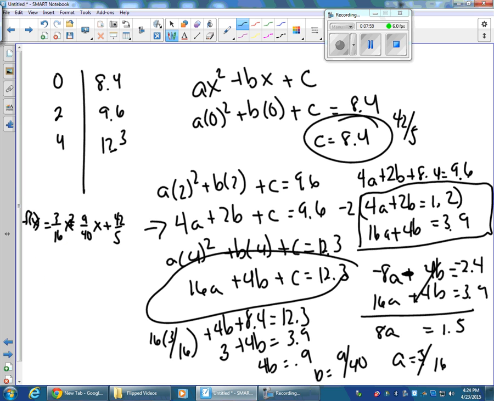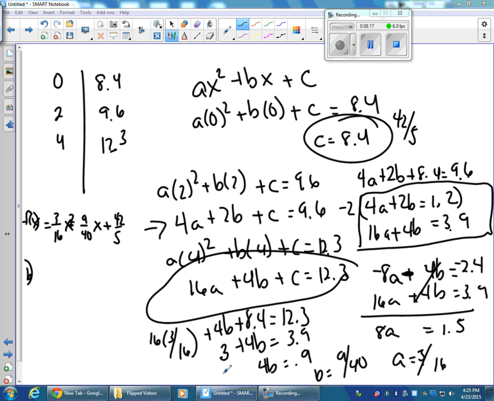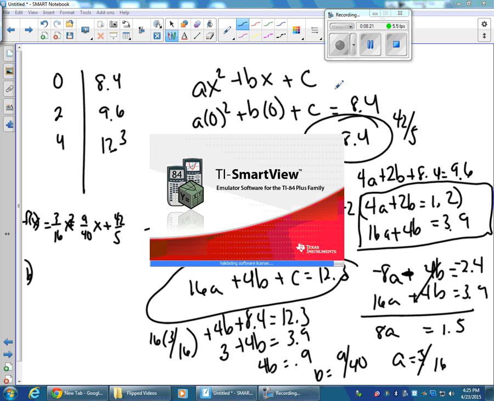In part B, they want me to plug in and figure out the retail sales of coffee in 2008. Well, if x is the years since 2002, then I'm going to plug in 6. So I'm going to take my calculator and plug in 6 for x. So I'd want to do 3/16 times 6 squared plus 9/40 times 6 plus 42/5.